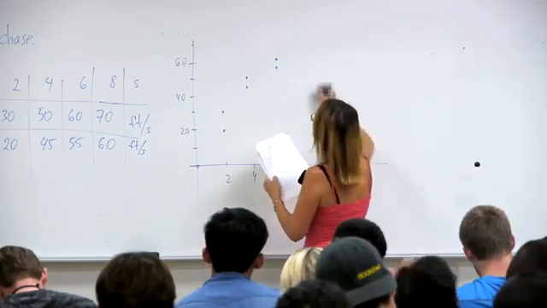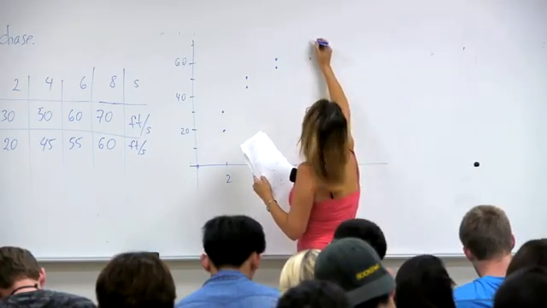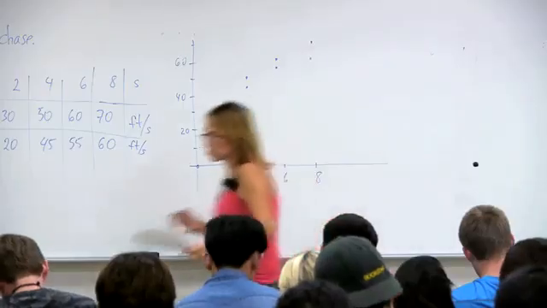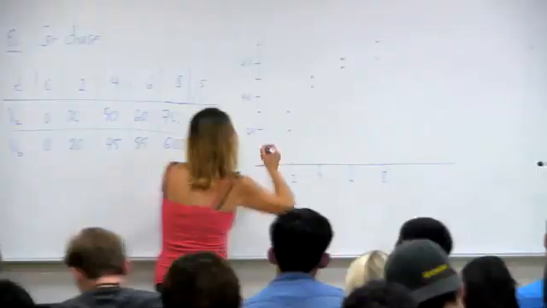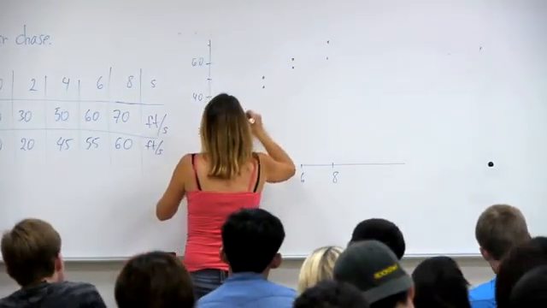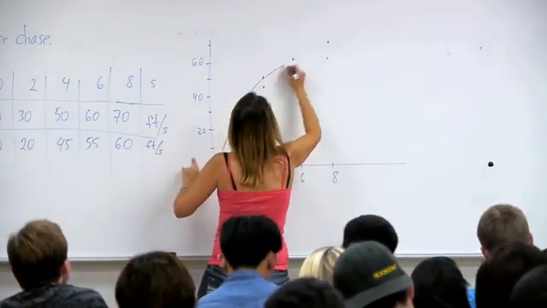And this was 60, 70. So if I were to connect these, the curves look something like this.